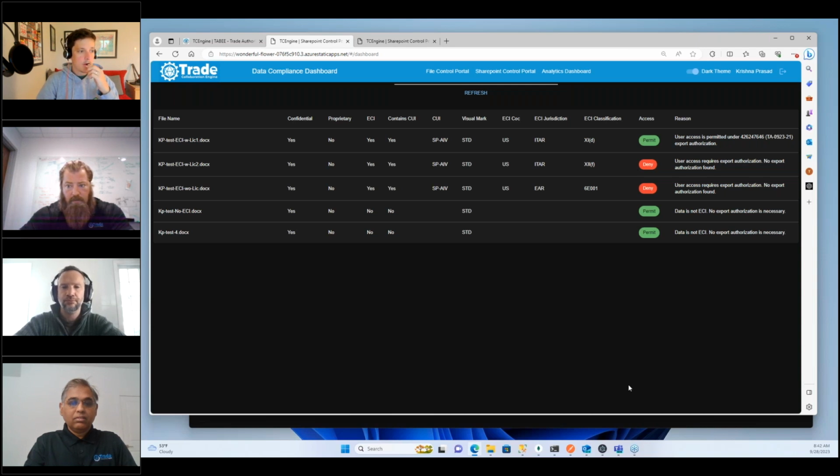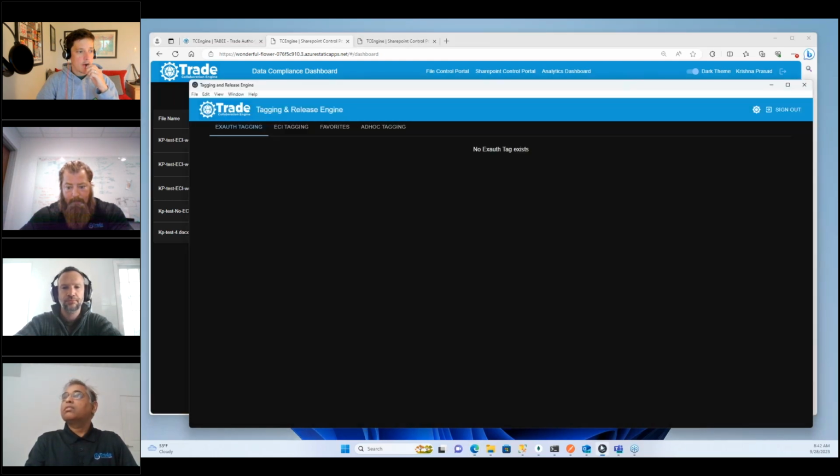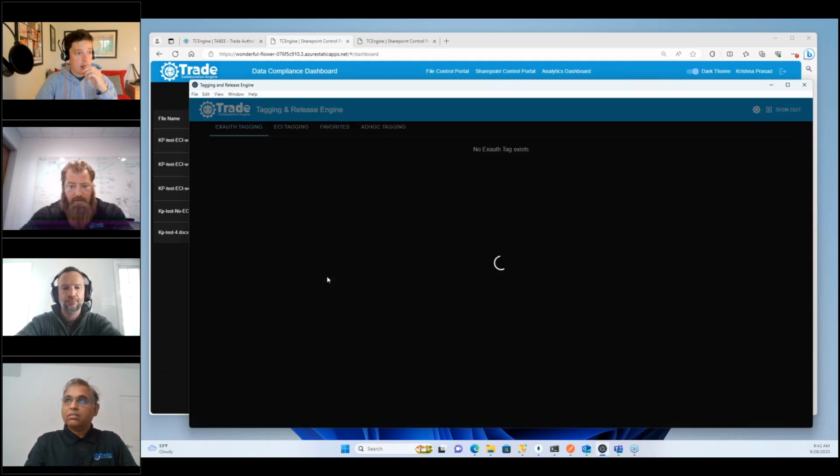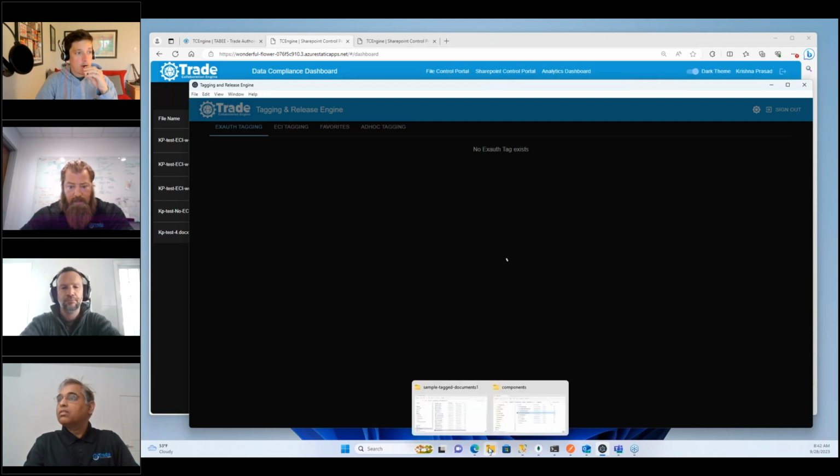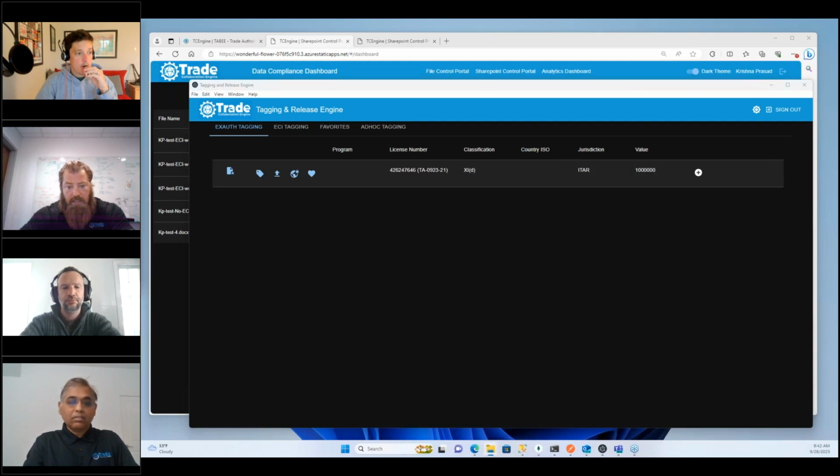Now let's move to attribute-based transfer control. So Krishna, will you pull up Dragon Tag for me? So Krishna is going to refresh this here, and now that there's an authorization that's been introduced, in this scenario, again, he's an authorized user of that export license. It's going to essentially pull over a line item for that authorization that he's authorized to export against.